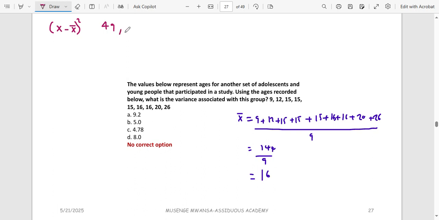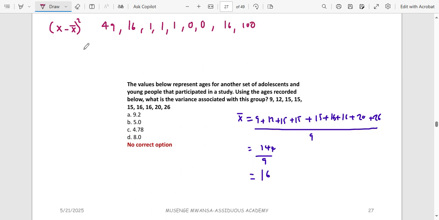Square that, that's 16. The next one is 15. 15 minus 16 is 1. Square that, that's 1. The next one is also 1. The next one is also 1. The next is 16. 16 minus 16, that's 0. And then the other one is 0. The next is 20. 20 minus 16 is 4. 4 squared is 16. The next is 26. 26 minus 16 is 10. 10 squared is 100.